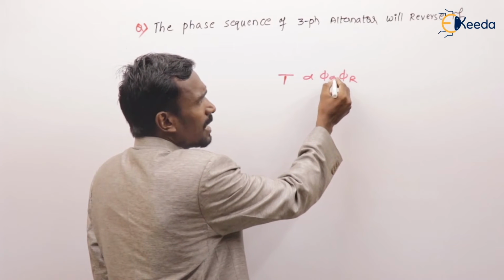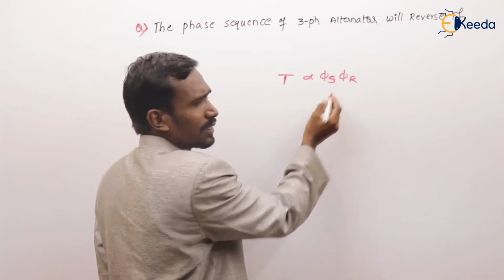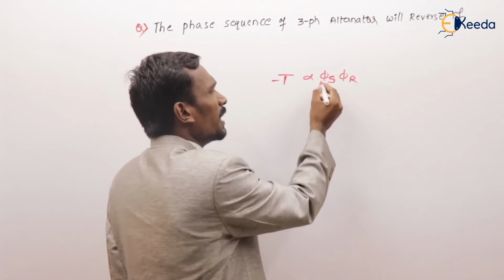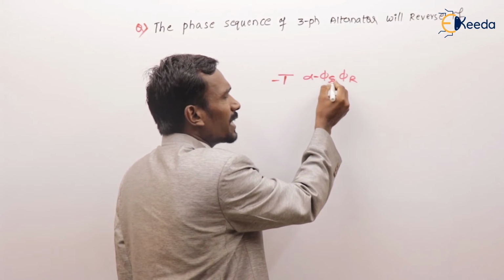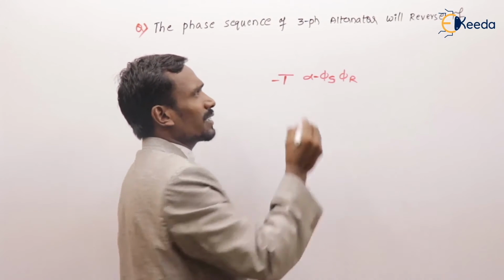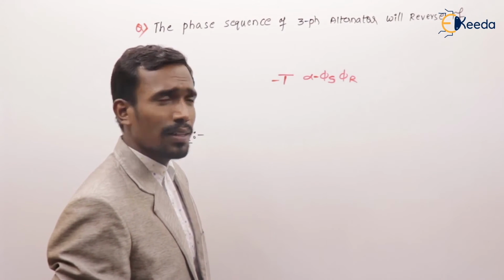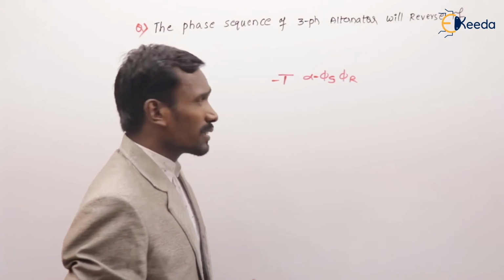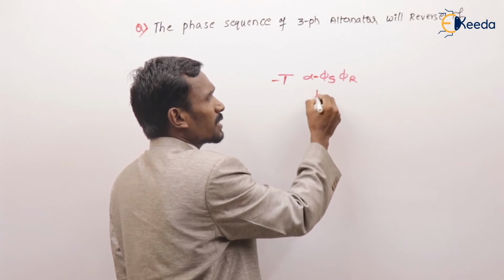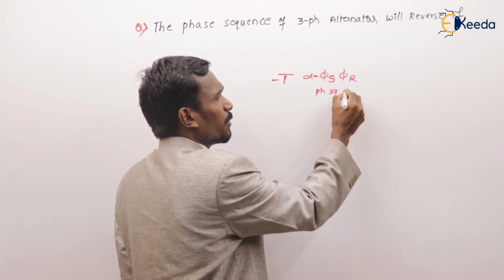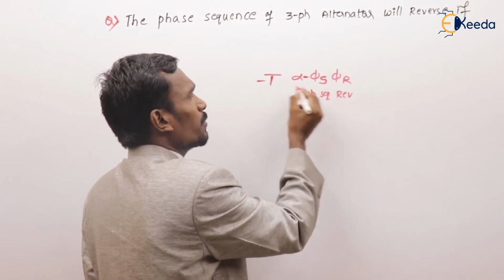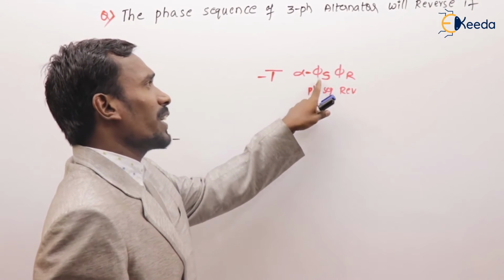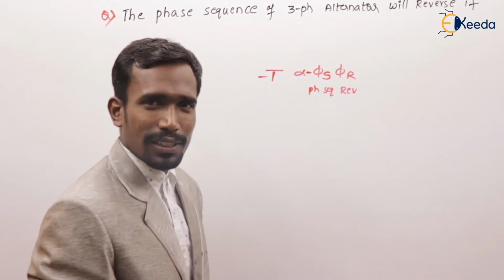To reverse the torque, we have to reverse one of the fluxes. Simply, if the stator flux is reversed, then the torque is reversed. Stator flux reversal is nothing but phase sequence reversal. So if the phase sequence reverses, the torque reverses, or by changing the torque direction, we can change the phase sequence.